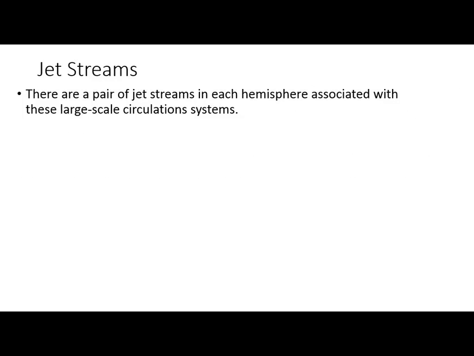Okay. So, jet streams, did we watch? Yeah, it seems like one of the videos we watched said something about jet streams. Yeah, maybe it was one yesterday. So jet streams, we have two jet streams in both hemispheres, two jet streams here, two jet streams here, and they're basically between the cells, okay?